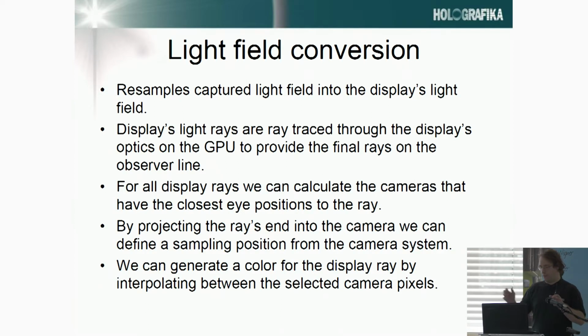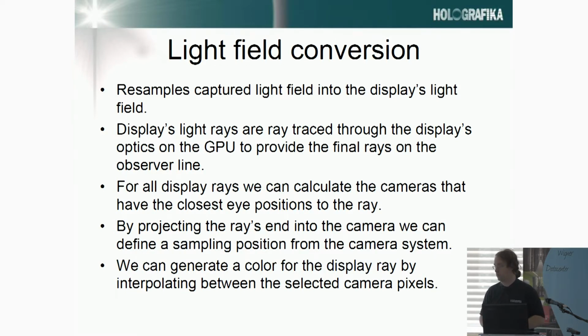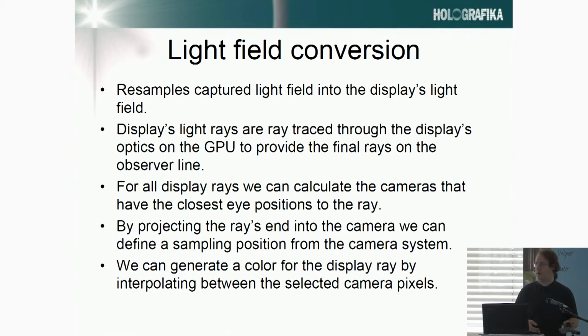Okay, now we have a capture of the real world, some kind of light field capture, where we capture multiple directions from a camera arrangement, and we need to display this on our light field display. So we need to resample the captured light field to the display light field. This is a task that is ideally suited again for the GPU, because we have multiple tasks that we can all parallelize.